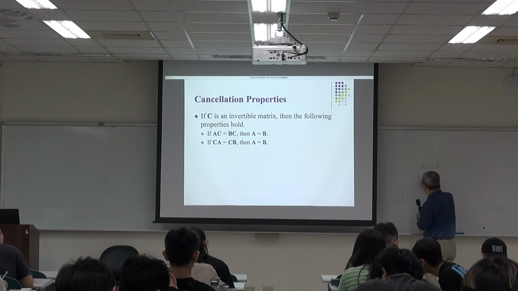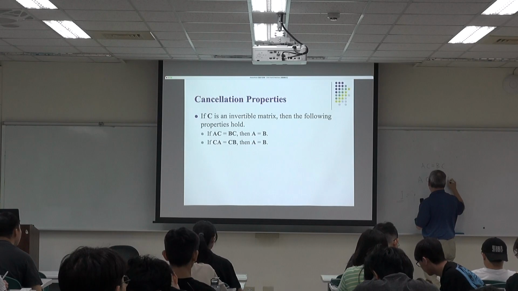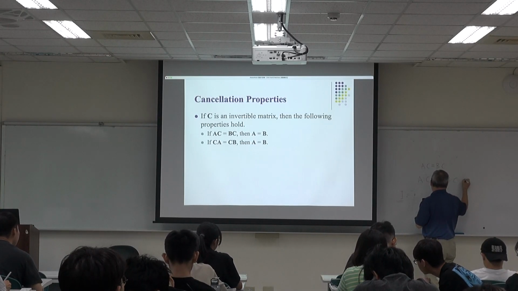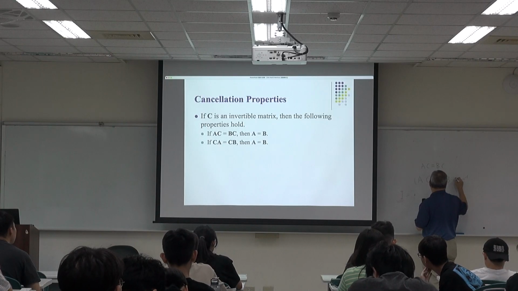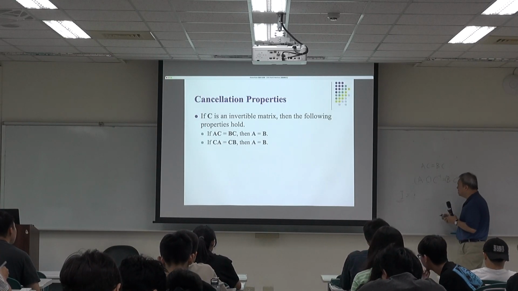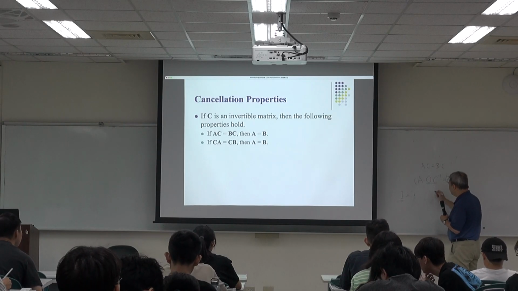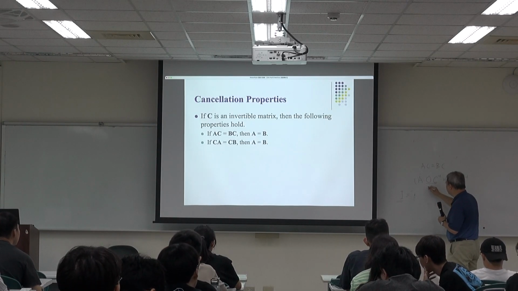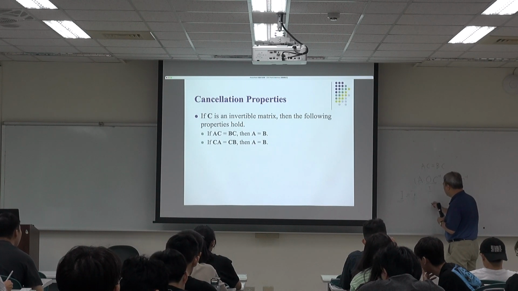So it's A times C times C inverse equals B times C times C inverse. Originally it looks like this, but because of the associative rule, you can do this part first. So this will become I, this will become I, and then A.